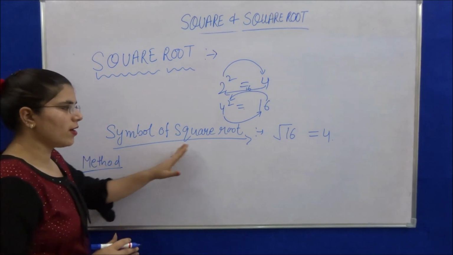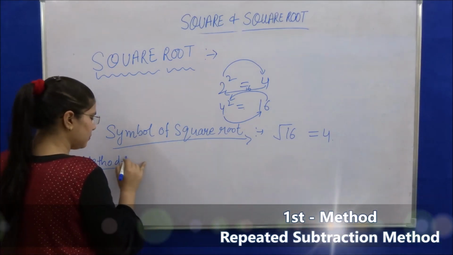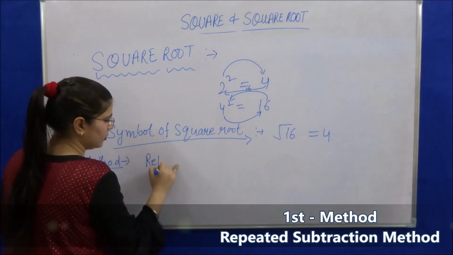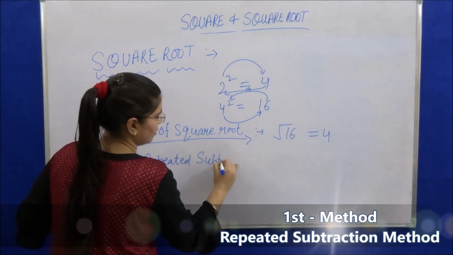So, methods to find the square root. Our first method is the repeated subtraction method.